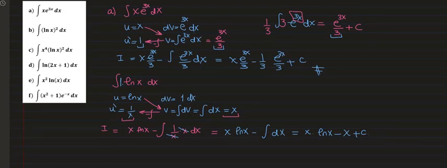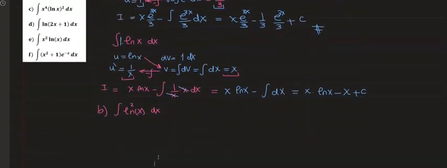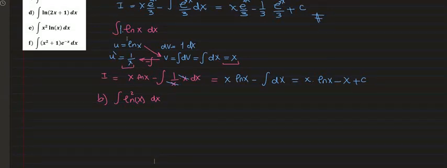Now let's integrate the ln power 2. This is number B, integrating the ln power 2 of x dx. As we said, we don't know what ln is the derivative of, so we'll always solve this integral using the by parts technique, where we divide the function under the integral into two, u and dv, and then we are able to solve it as uv minus the integral of v du.